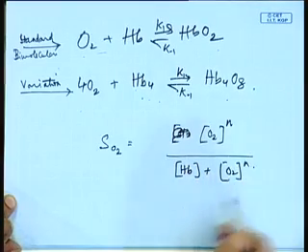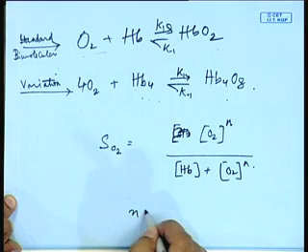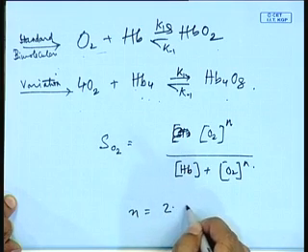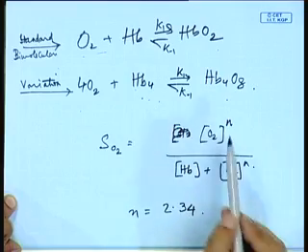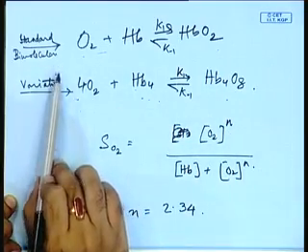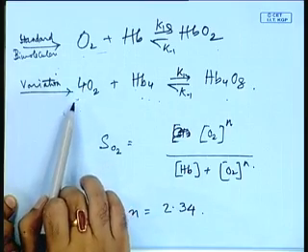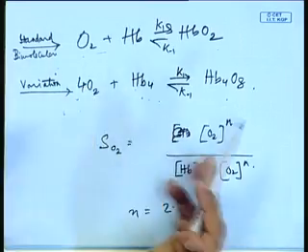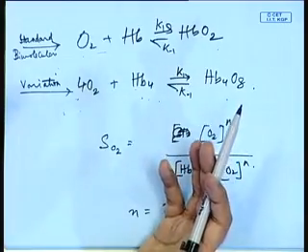Okay. Where n equals 2.1 or 2.3 or 2.34, something like that, which means that it is neither 4 molecules nor 1 molecule, but some fractional molecule reacting with hemoglobin. What does it imply? Is it that 2.34 molecules of oxygen are reacting with hemoglobin?